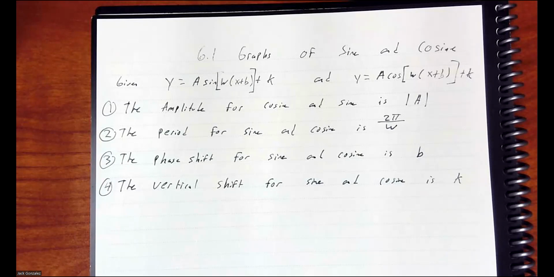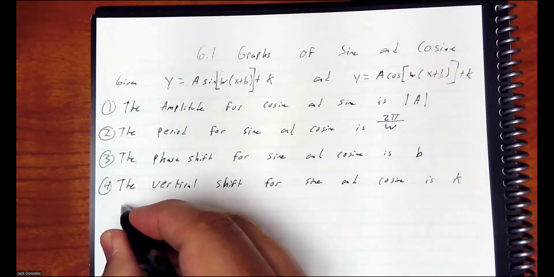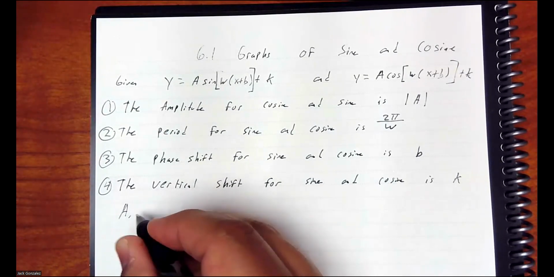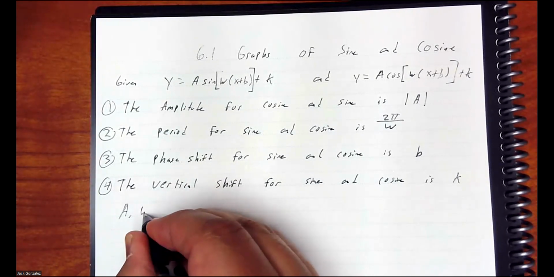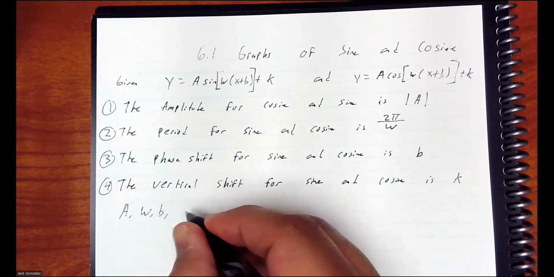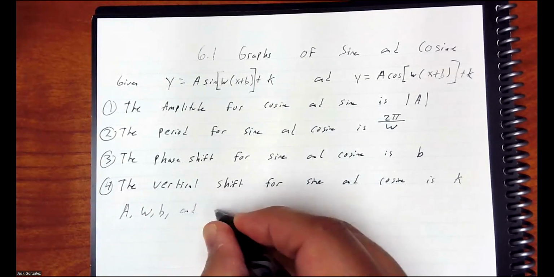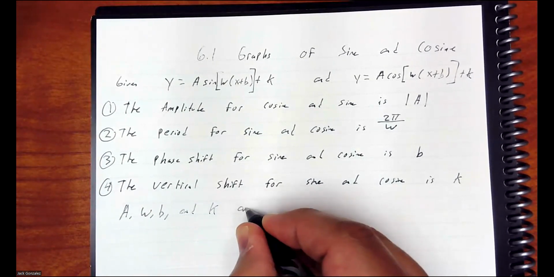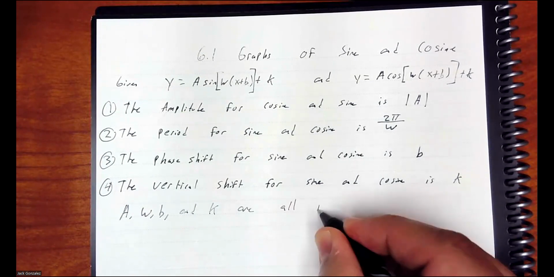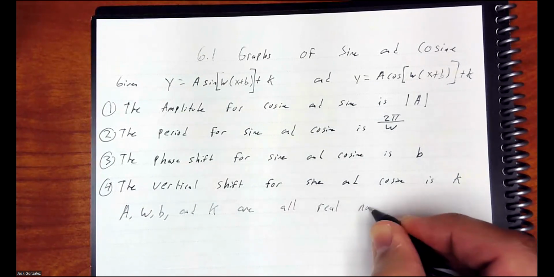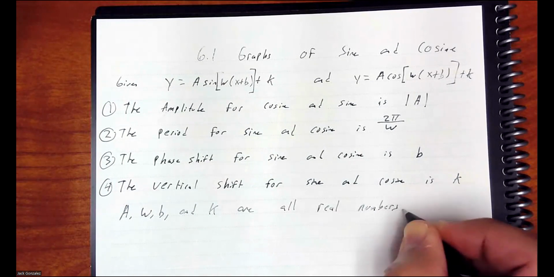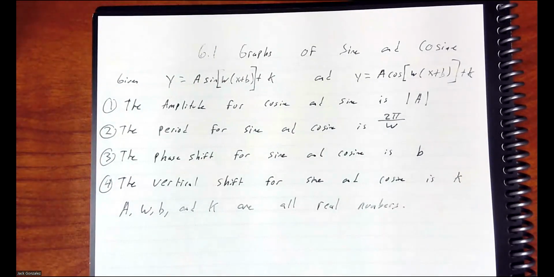Okay, now let's talk about what those things are. But real quick, A, omega, B, and K are all real numbers. Should have said that earlier, but it's okay. It needs to be said.